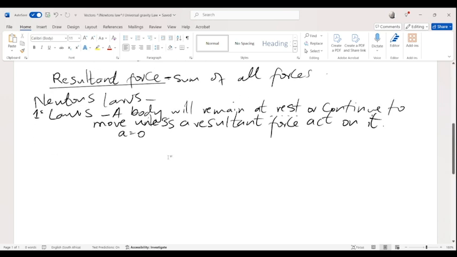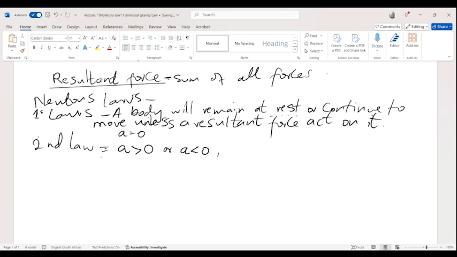Now, let's talk about Newton's second law. Newton's second law talks about acceleration which is greater than zero or less than zero. So what does it say?